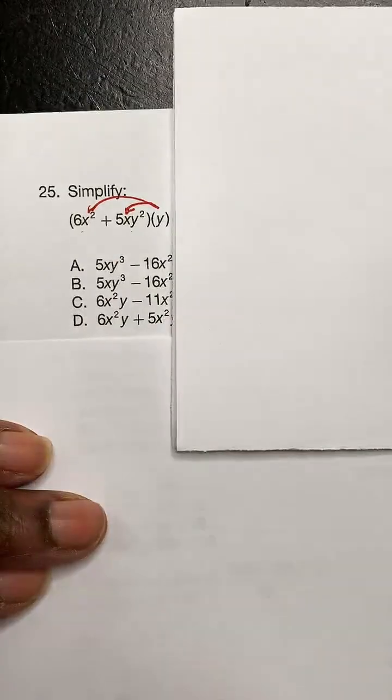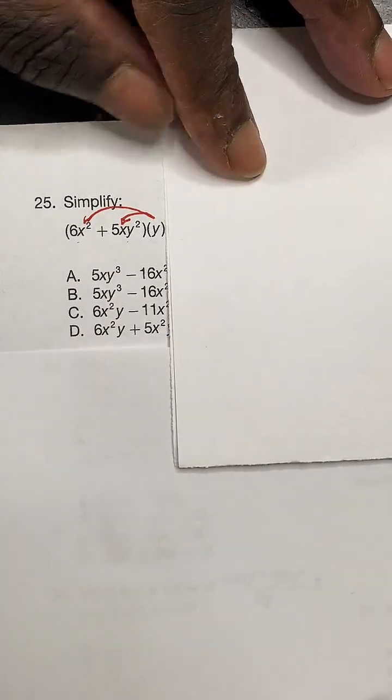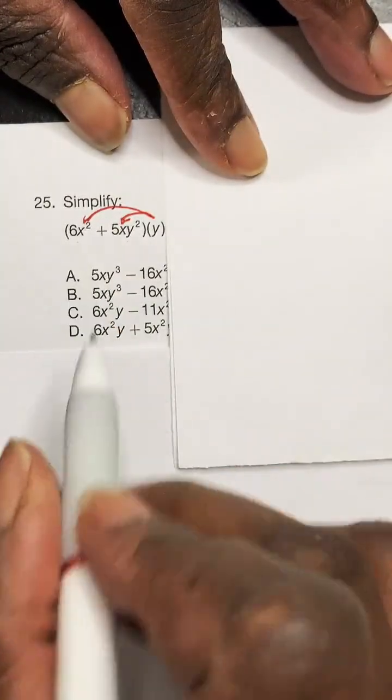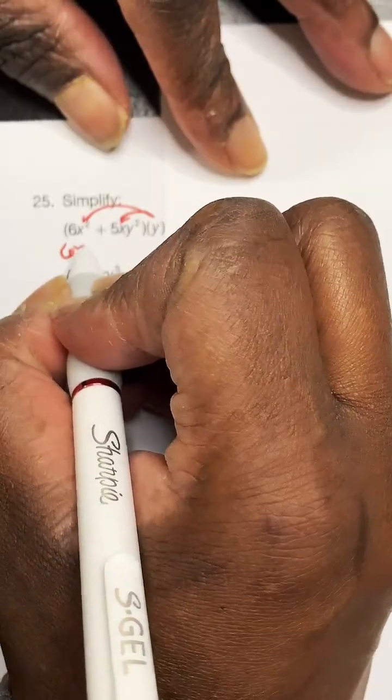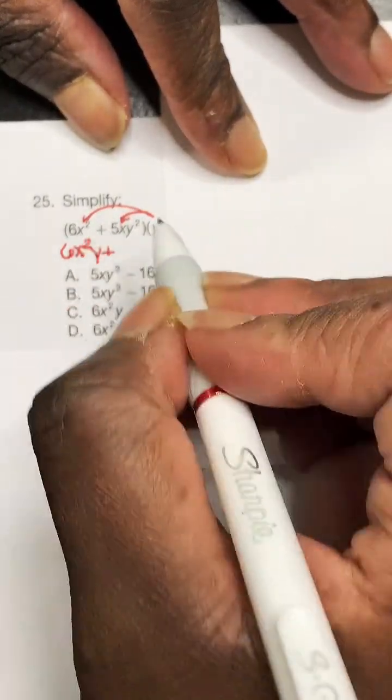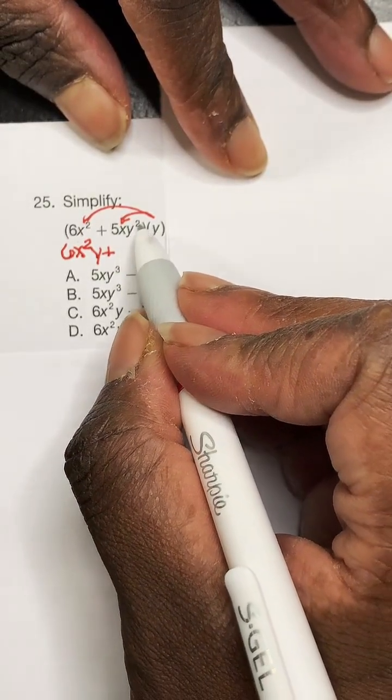And you're probably saying, well, how do I distribute a y? So when you're multiplying and you're dealing with a variable, all you're basically doing is adding it on. So 6x squared y plus, okay, because that side didn't have any y's. This side does. We have a y squared.